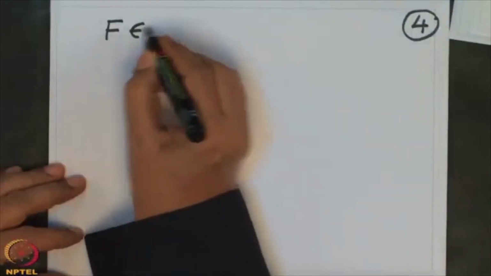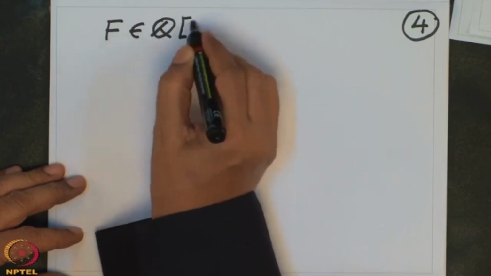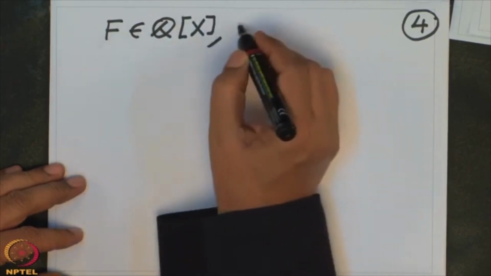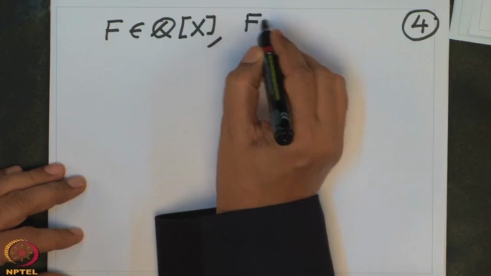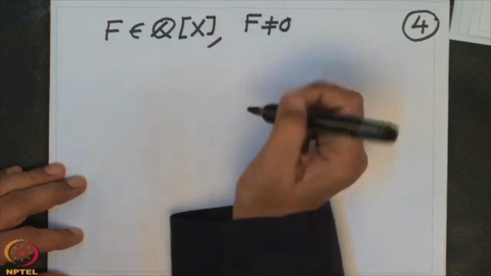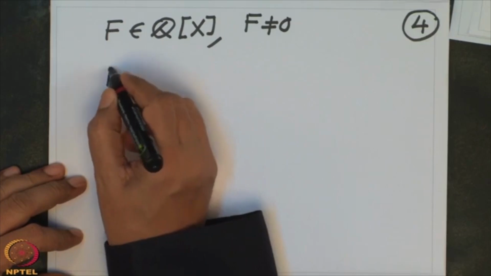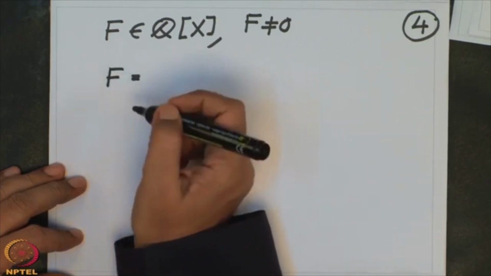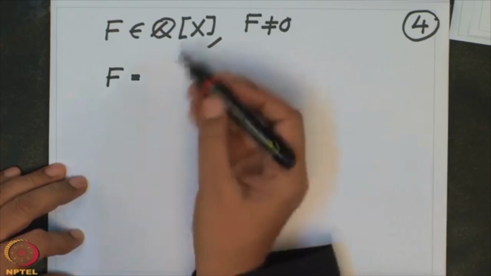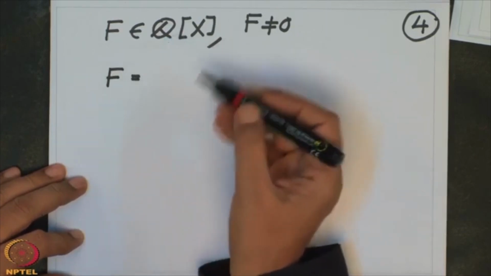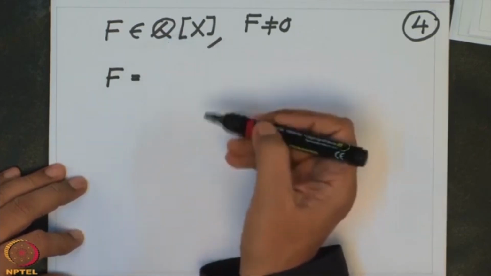For example, you start with a polynomial f in Q[x], and let us assume f is non-zero. The first thing is to write f by taking out a common denominator. f has rational coefficients, so each coefficient has a canonical representation, integer by integer.